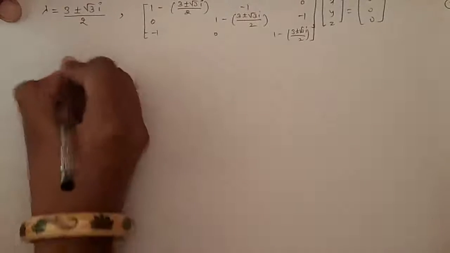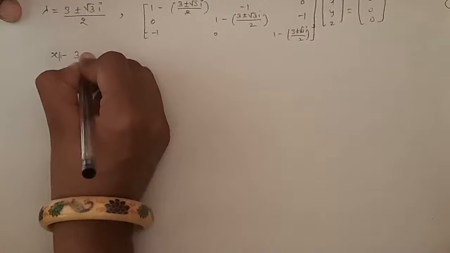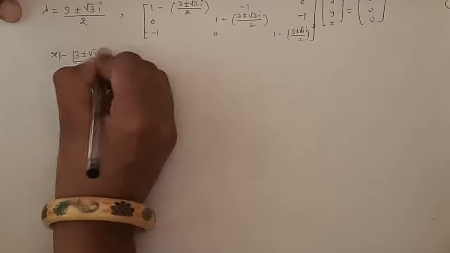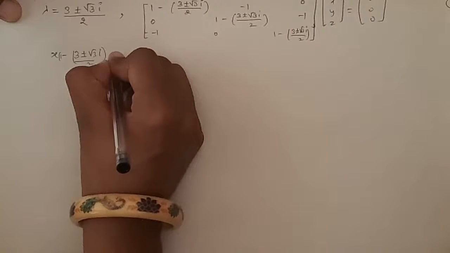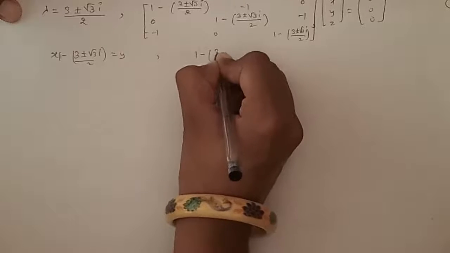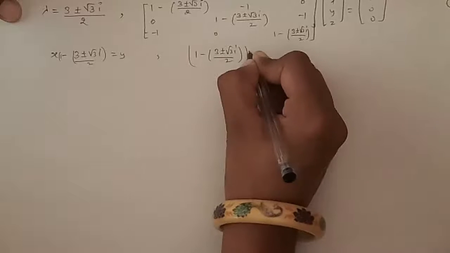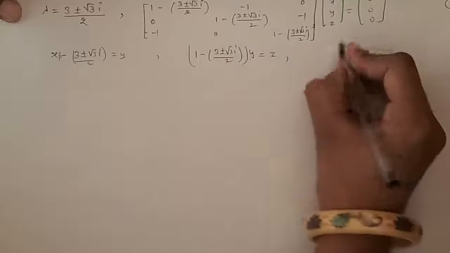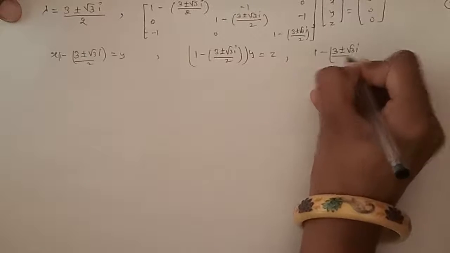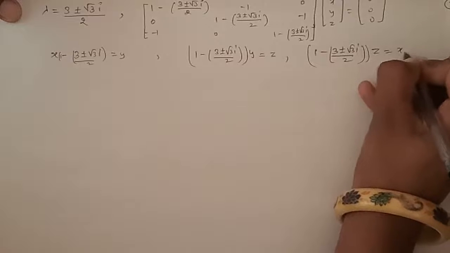Now on solving this we will get x minus (3 plus and minus root 3i) divided by 2 into x is equal to y, (1 minus (3 plus and minus root 3i) divided by 2) into y is equal to z, or (1 minus (3 plus and minus root 3i) divided by 2) into z is equal to x.